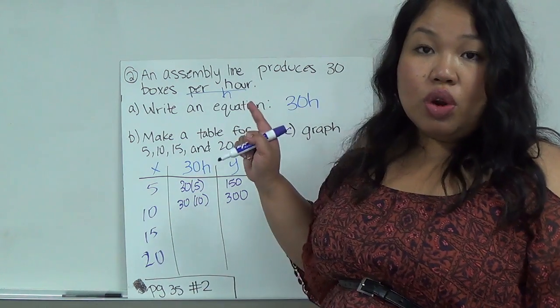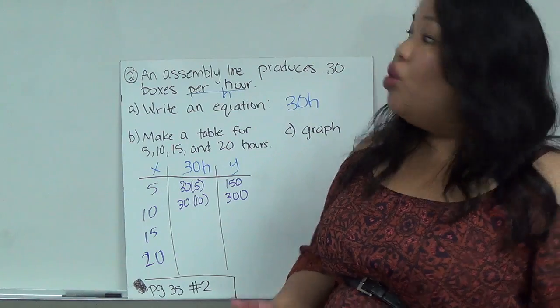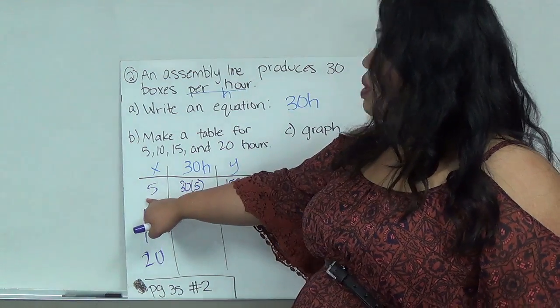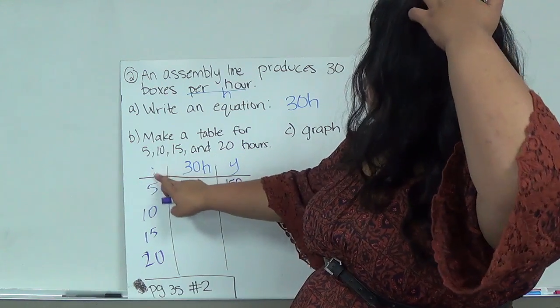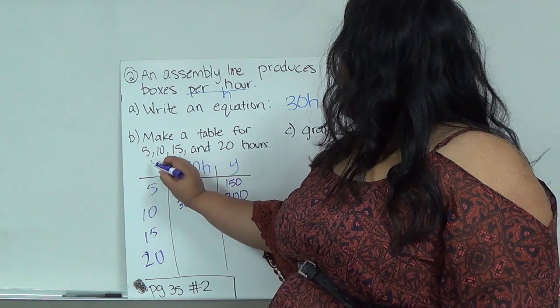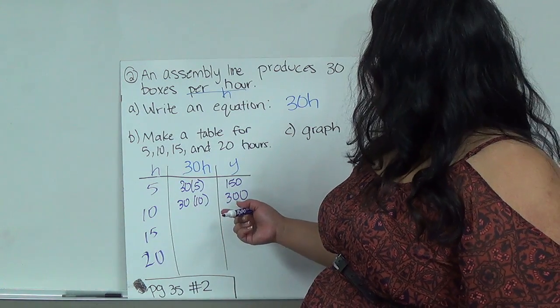Because this is a story problem, you know what each one represents. The other one was just telling you a general rule. This one tells you: my x's represent how many hours. So this will actually be H, which is the same thing as x.